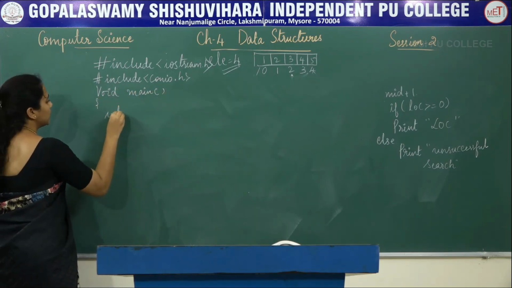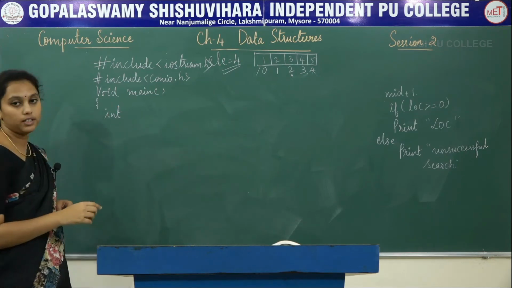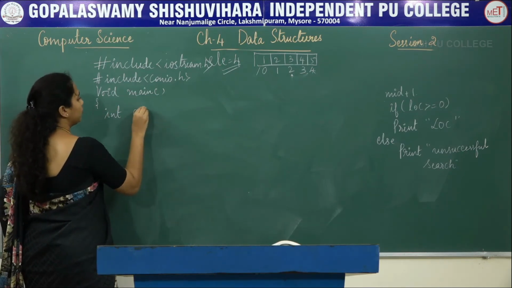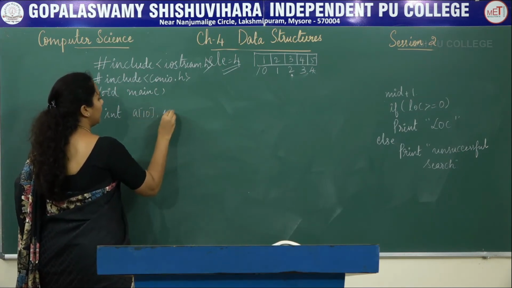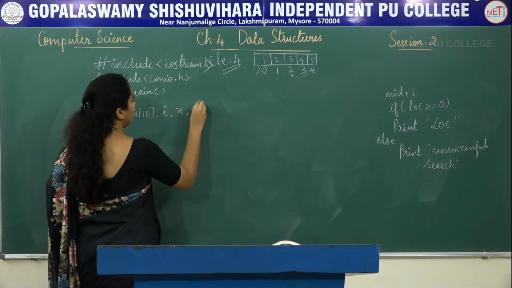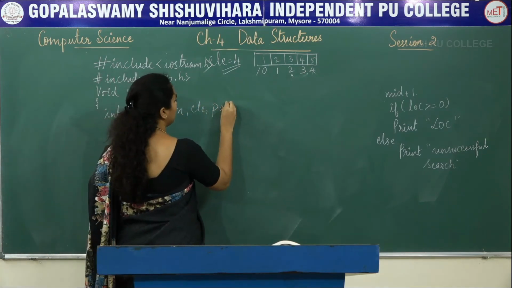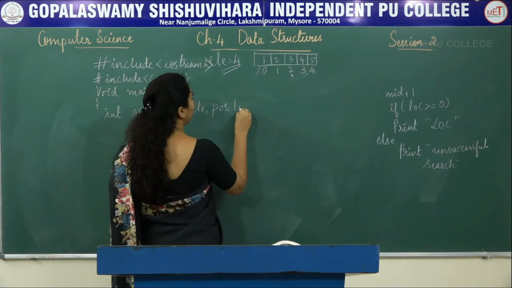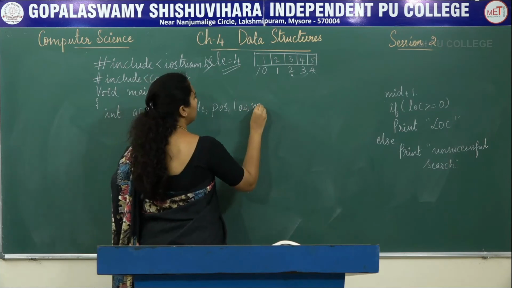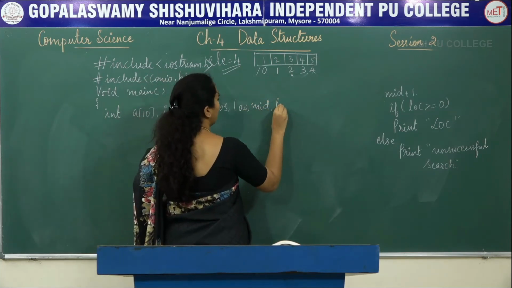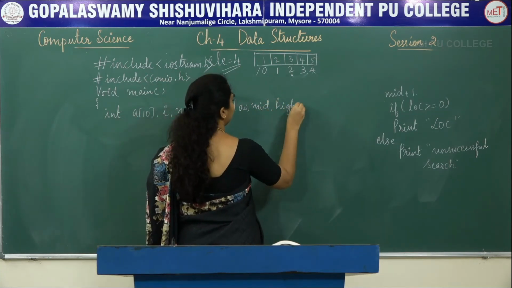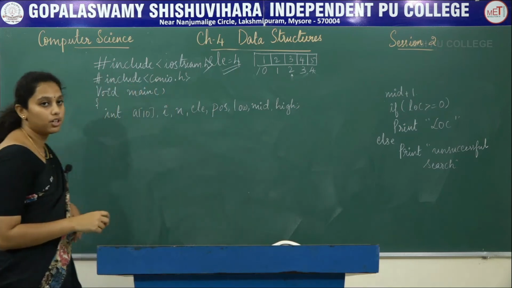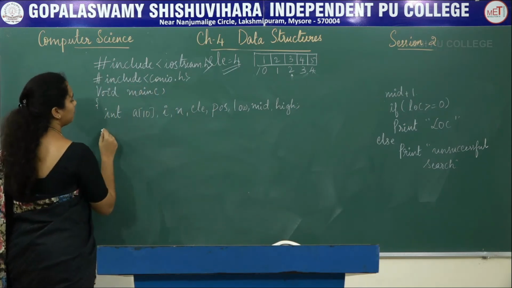Then we have to declare the required variables here. Int a of 10, i, n, element, position, then low, mid as well as high. These are the variables we require for our program.